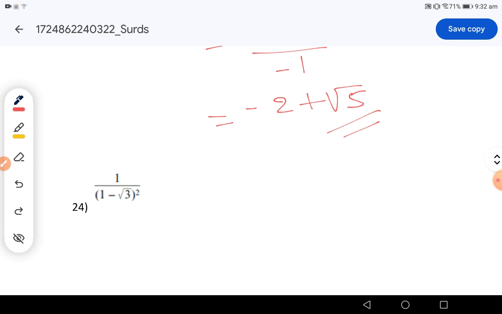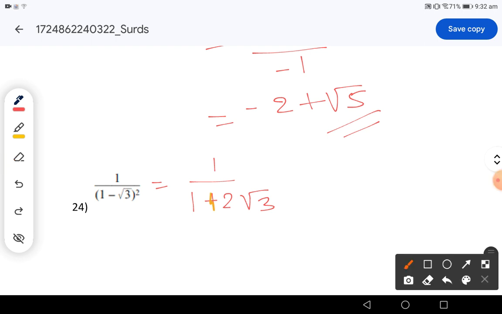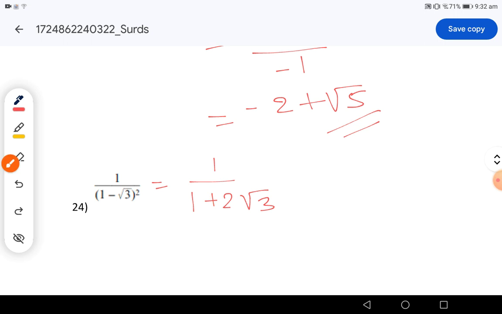1 by (1 minus root 3) whole square. So a square plus 2ab, minus, not plus, minus 2ab, and plus 3.